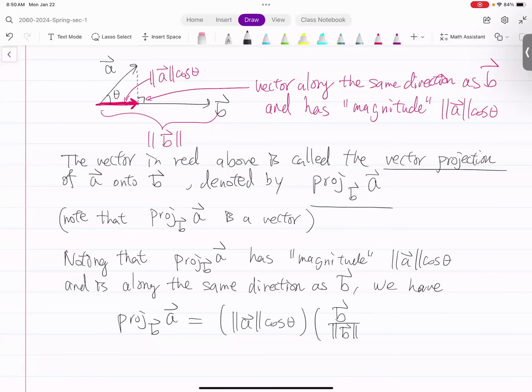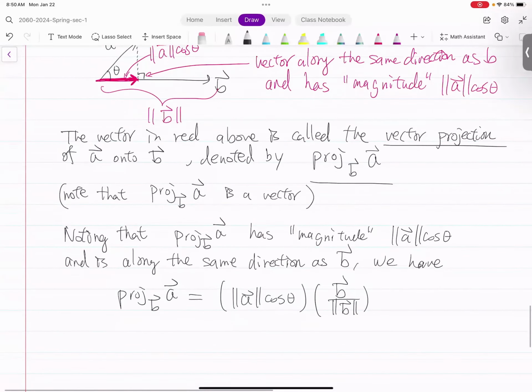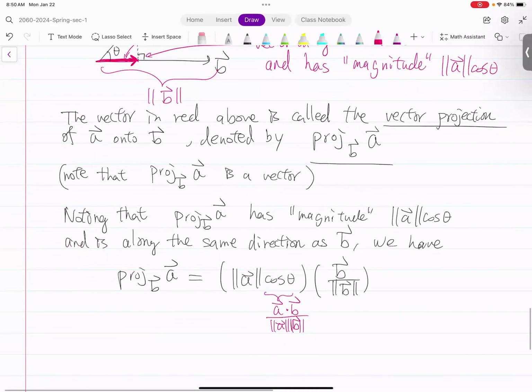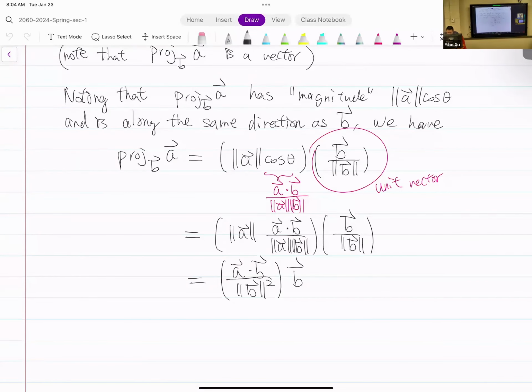So it's going to be B over the magnitude of B. Notice that this cosine value from the earlier property is going to be A dot B over the magnitudes of A and B. So we are able to simplify this expression. And so we just covered the vector projection.